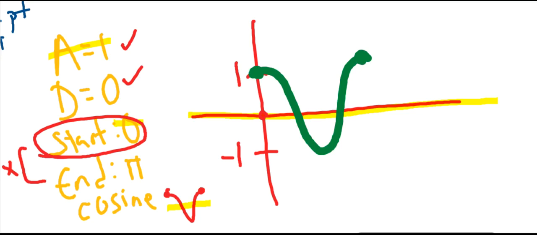And the only difference here is that it's going to start at 0, but now instead of ending at 2 pi, it's actually going to end at pi. Okay, and that's the only real thing that I'm going to need you to understand for this lesson. For those of you that really care about how it is actually changing the parent function, this is what you need to understand.